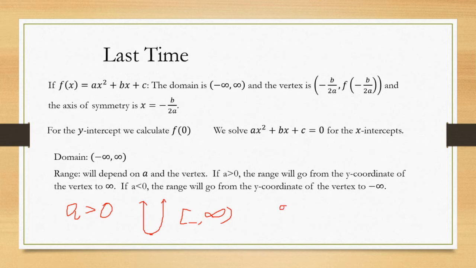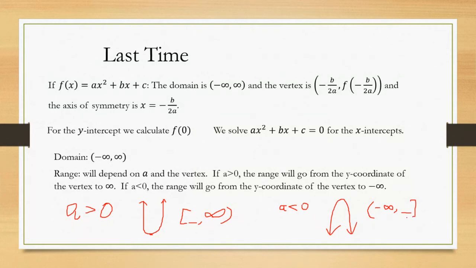And if a happens to be negative, remember, a can't be 0, so the only choices are positive or negative. Then the graph's going to do this. It's going to be down. You may not see the arrows in the graph, but this is understood. And here, the range will look something like this: minus infinity, comma, then you'll have a number, which is the y-coordinate of the vertex.